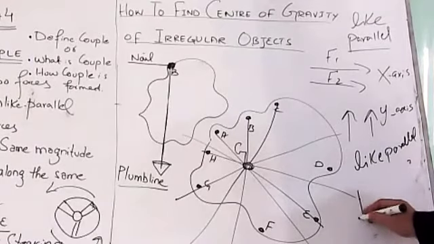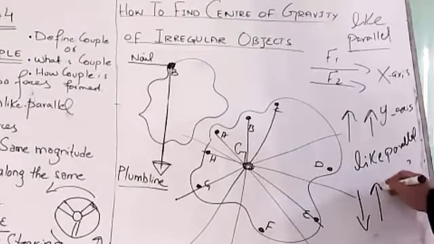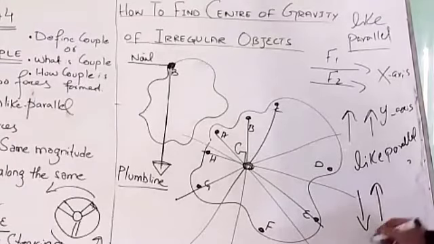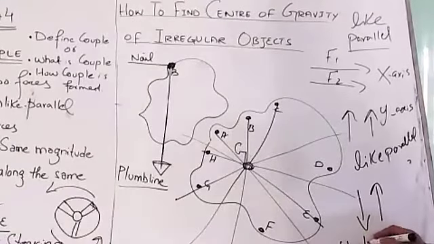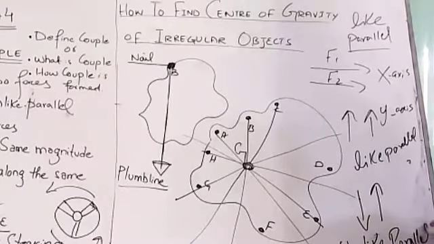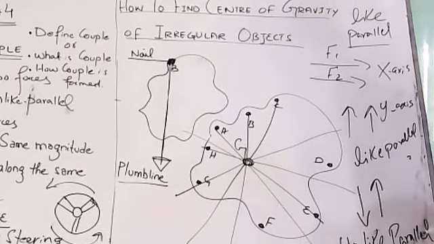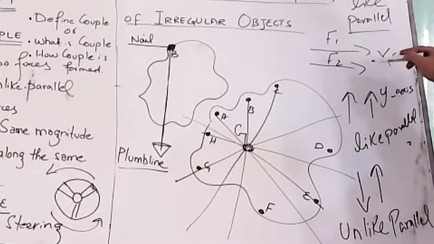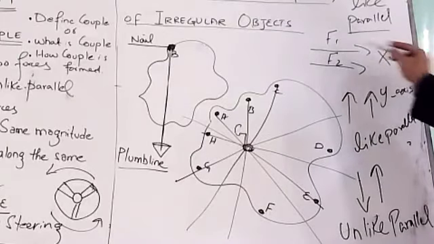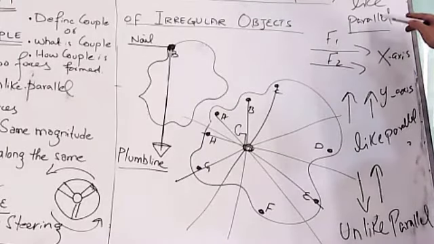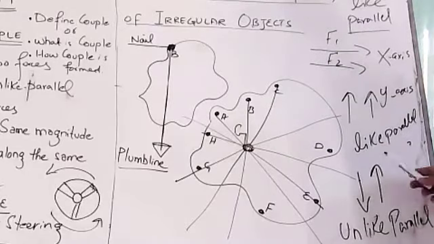But if one force is acting downward and the other force is acting upward, this is an example of unlike parallel. Understand? So this is the difference between them, acting along the same plane, y and x. Along the same plane but the same direction, like parallel. Same plane but opposite direction, they are unlike parallel.